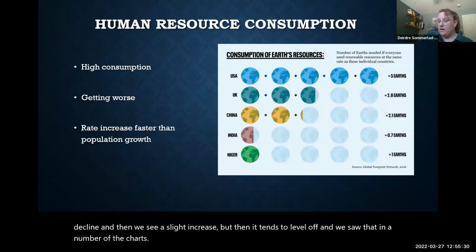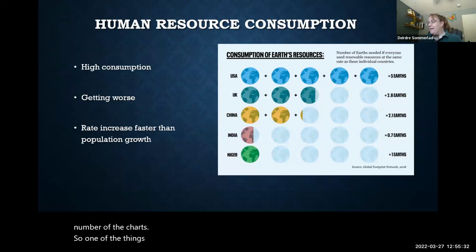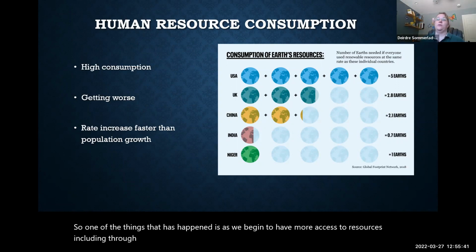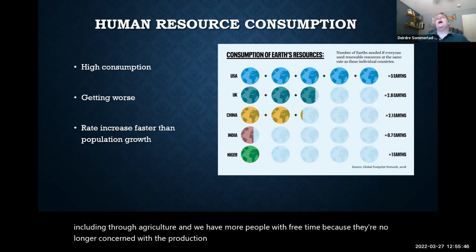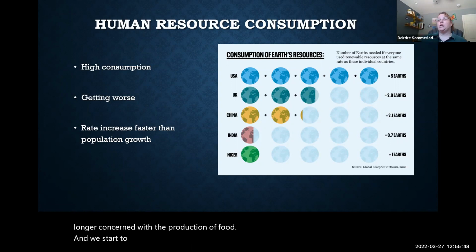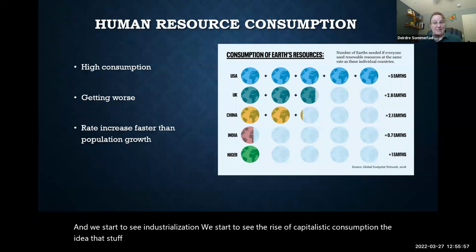So one of the things that has happened is as we begin to have more access to resources, including through agriculture, and we have more people with free time because they're no longer concerned with the production of food, and we start to see industrialization, we start to see the rise of capitalistic consumption, the idea that stuff is representative of your status in society, we start to see an increase in the consumption of goods.